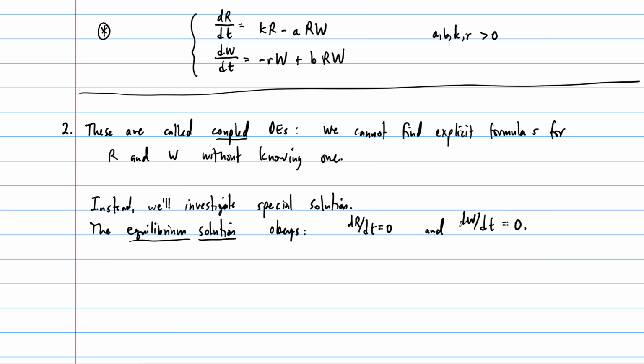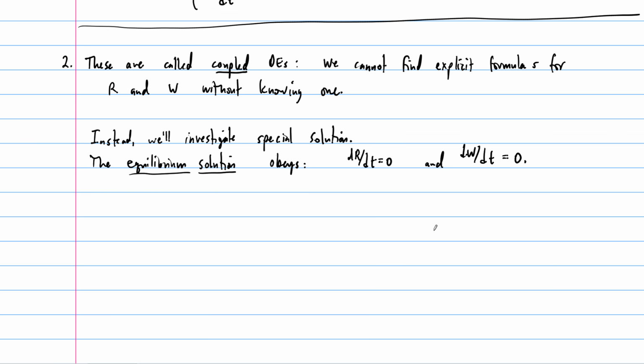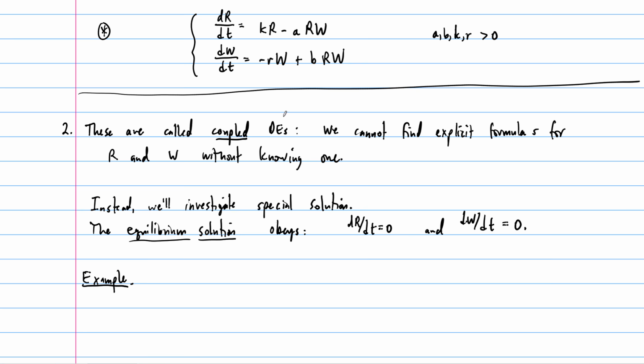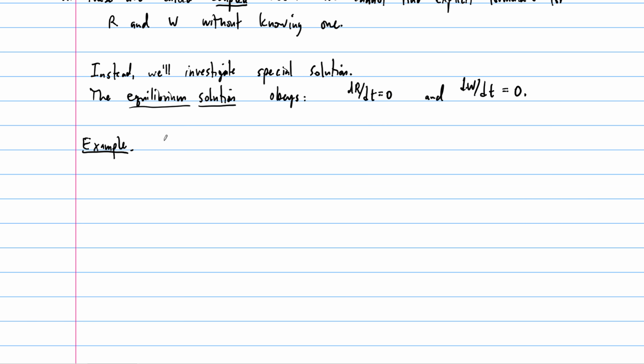So let's look at this for our equation. Let's look at an example, and we'll do this example in a couple different ways. I'm just going to plug in some numbers for k, a, little r, and b, and we'll see what we get here. But I'm going to write this slightly differently. It's very important that these are parametrized, right?